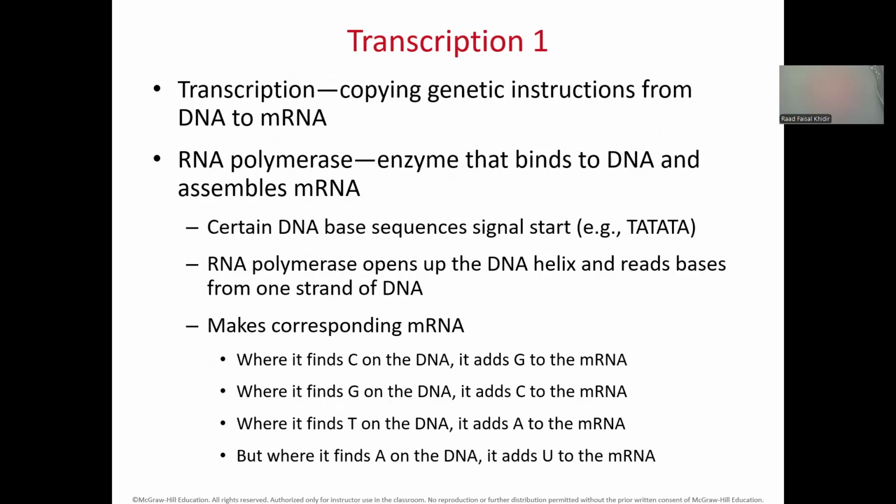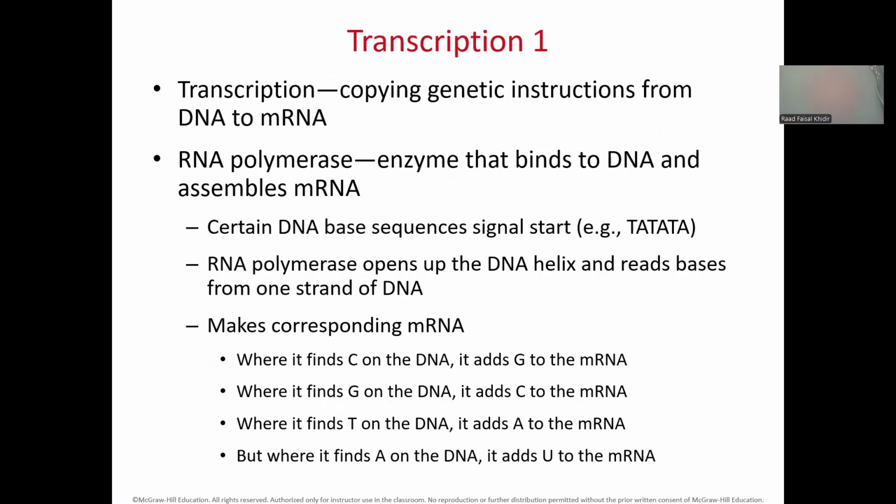Those are two enzymes. DNA polymerase is going to make DNA for us, so we use it in replication. When we want to double up the DNA, we use DNA polymerase. When we want to make RNA, we use RNA polymerase.